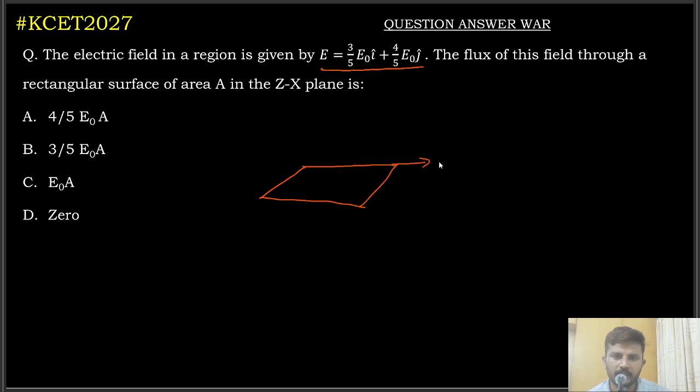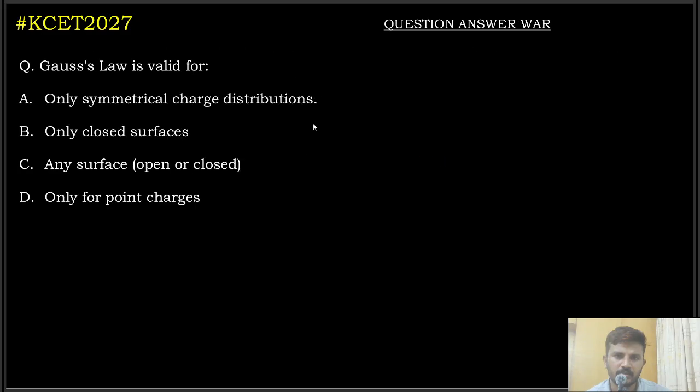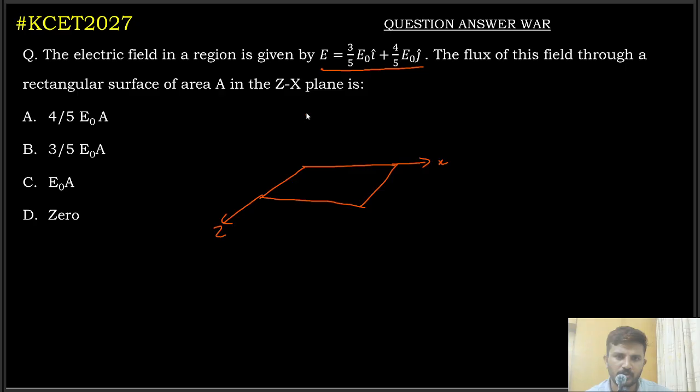This is the X axis, this is the Z axis, and upward is the Y axis. Now the area vector will be in which direction? J cap. So we have the electric field E in vector form.